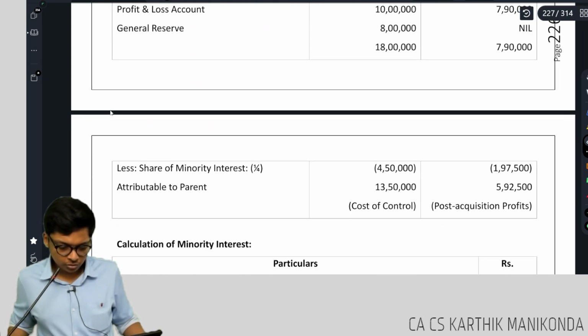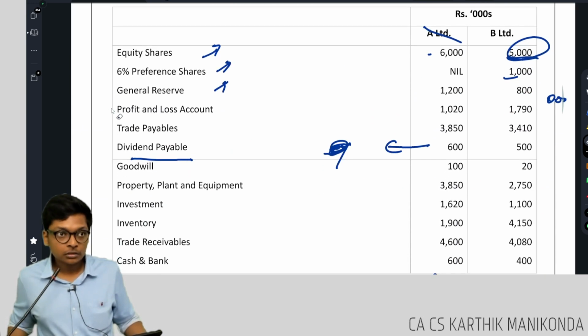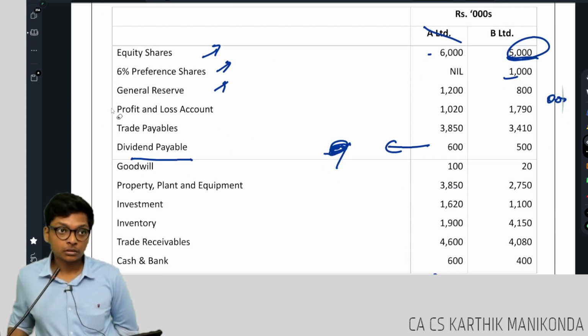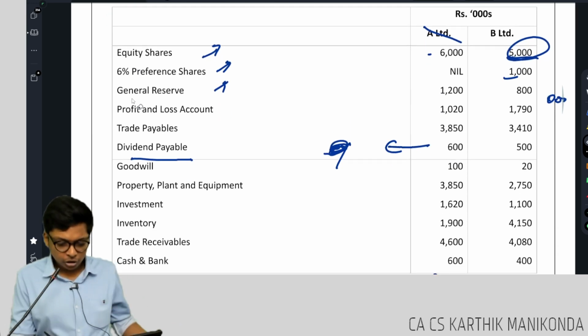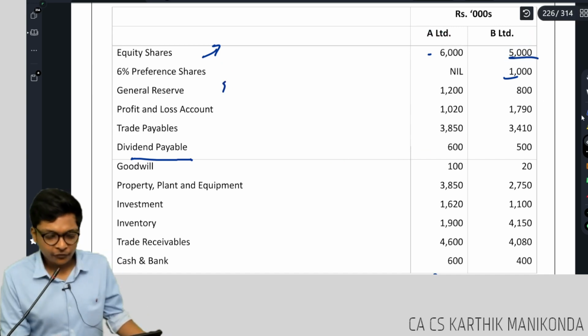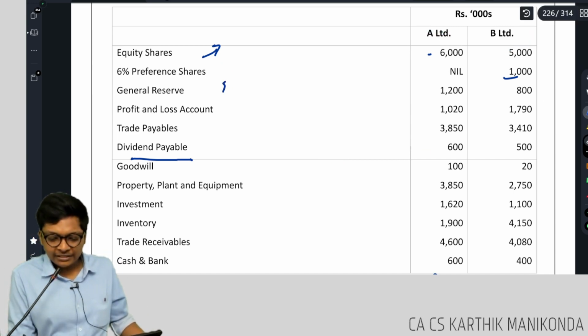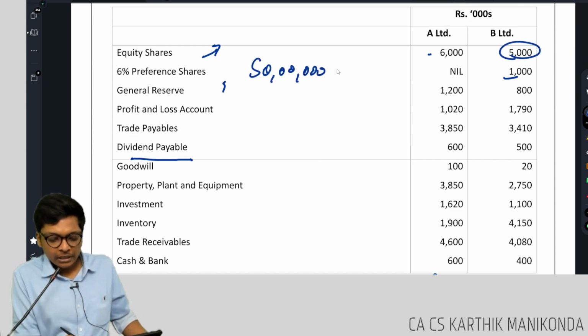No. 3/4 share, yes. Correct. You are right. So we have to compute only. They purchased how much, guys? 3/4. So subsidiary has how many shares, sir? 50 lakhs. In this I purchased 75%.